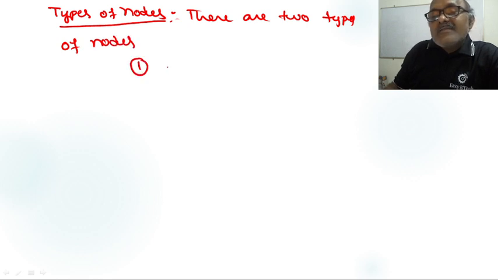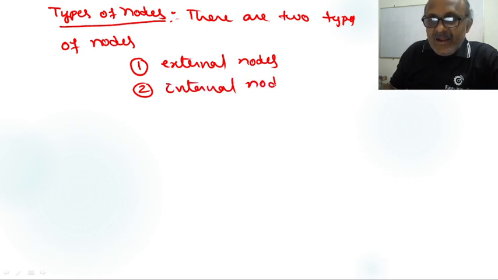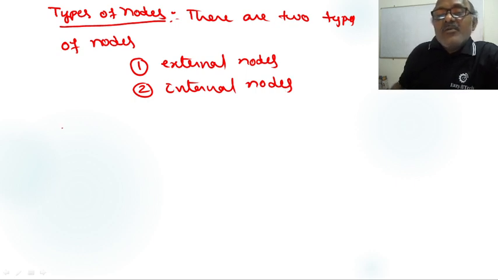Number one is external nodes. Number two is internal nodes, my dear students. First of all, we will discuss external nodes.